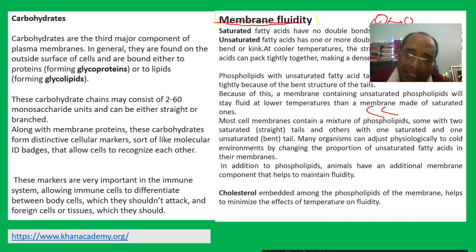It decreases the fluidity of the membrane in higher temperature, because it does not allow the phospholipids to go away from each other, and in cold temperature it will again not allow the phospholipids to come closer, and supports the fluidity of the membrane. It maintains the fluidity of the membrane.